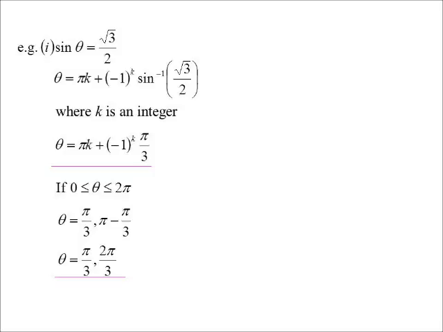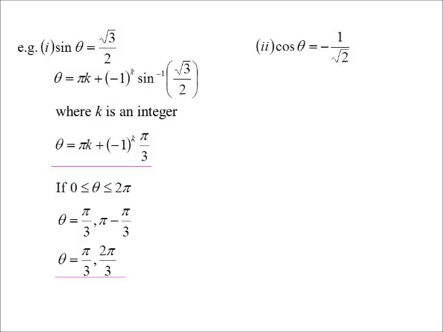If k is equal to 1, I get pi minus pi on 3, which is 2 pi on 3. If k is equal to 2, I get 2 pi plus, well, no need to go any further because we only want between 0 and 2 pi. As soon as I say 2 pi plus, I know I'm outside. So there are my answers, pi on 3, 2 pi on 3.